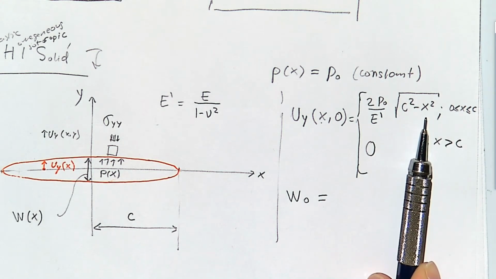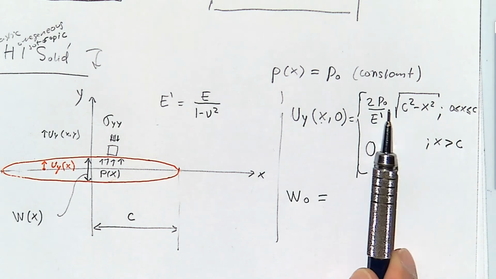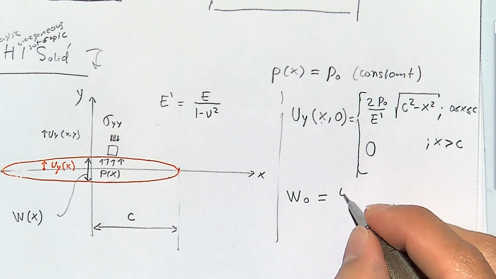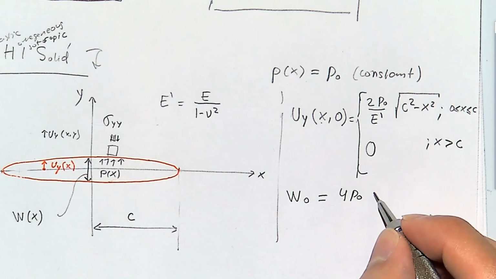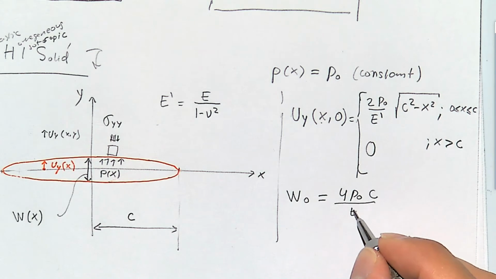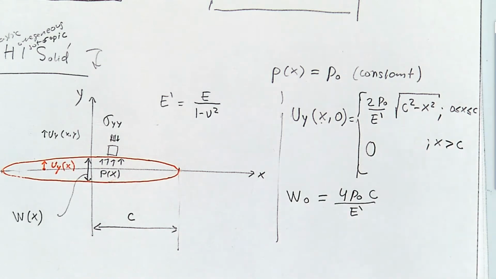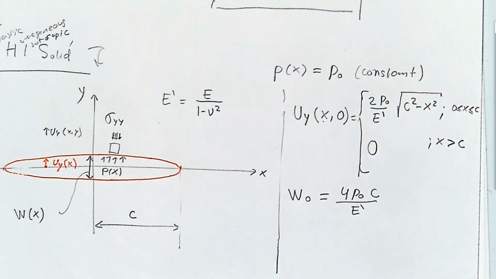What is going to be x here at the maximum? 0. Going to be 0. Therefore, the width is going to be 2 times this, 4 times the net pressure times the fracture half length divided by the plane strain modulus.